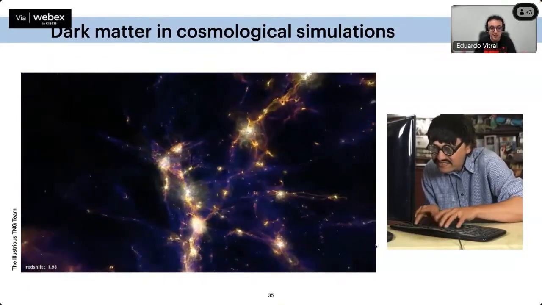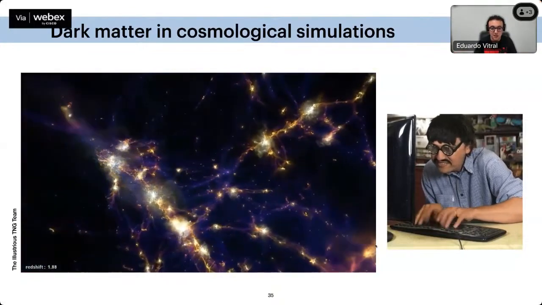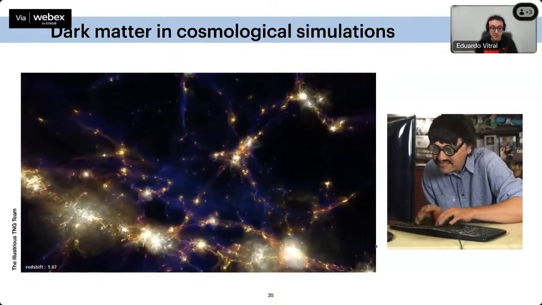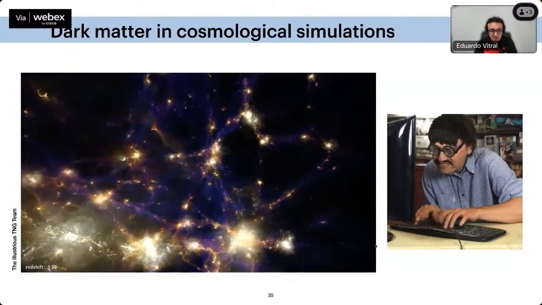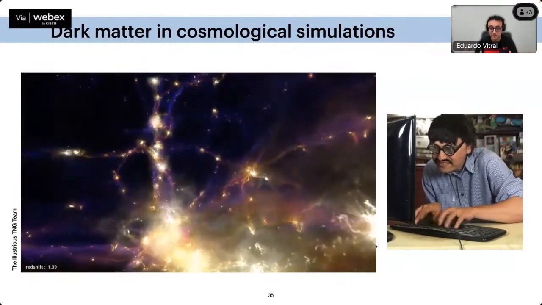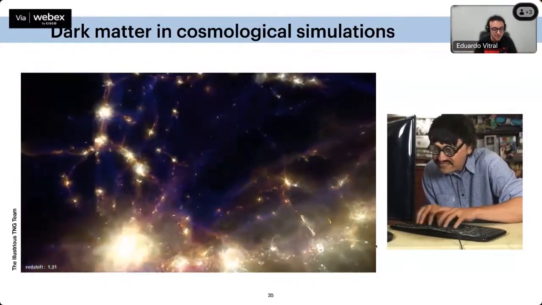So you can see here an example of a cosmological simulation with galaxies forming in these bright spots, and you have these fine lines of the cosmic web, which in reality are supported by dark matter.